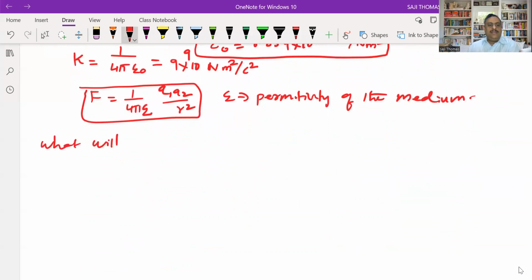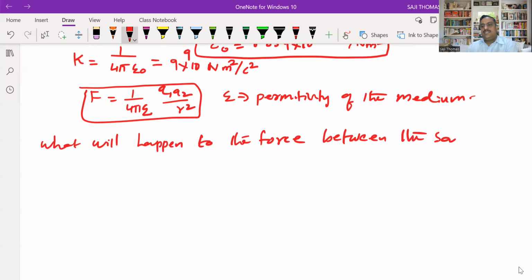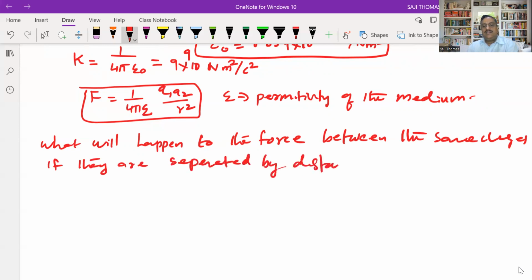What will happen to the force between the same charges if they are separated by a distance 2R?